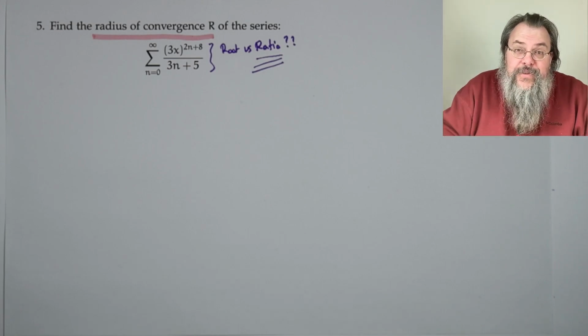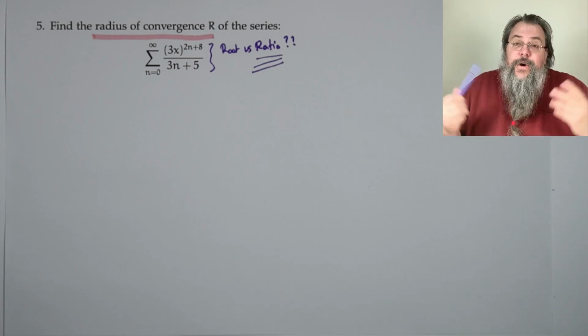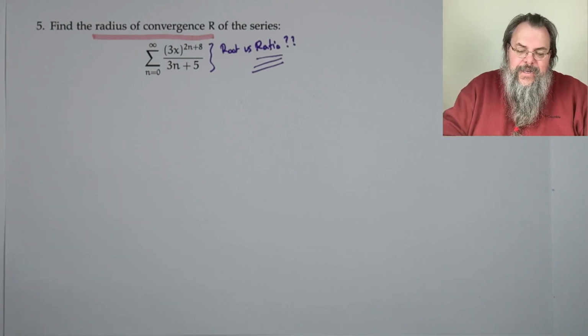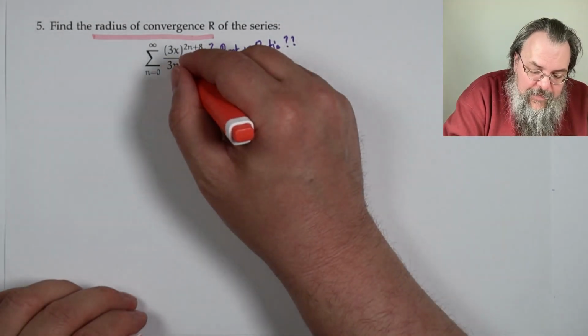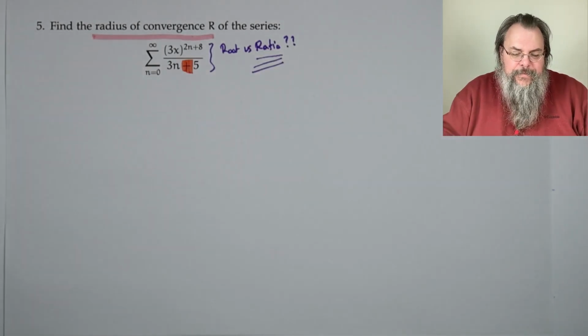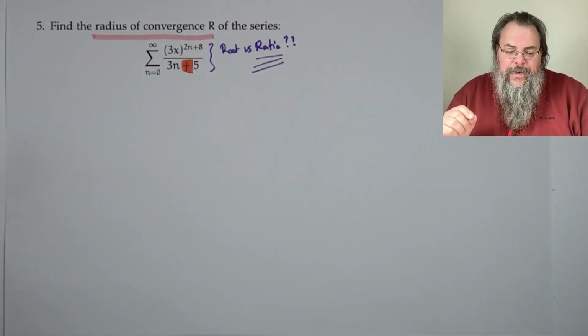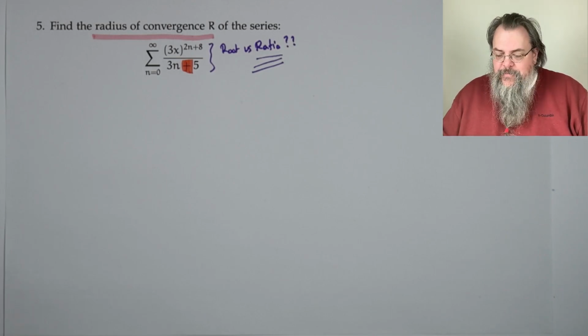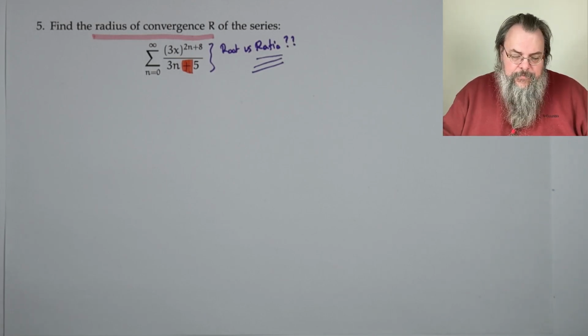There's no factorial to be seen on this problem. So why am I going to go with the ratio test? Well, there's a little bit of an annoyance, in particular this plus sign. I would find that annoying to justify with the root test, but with the ratio test, it won't be so bad.